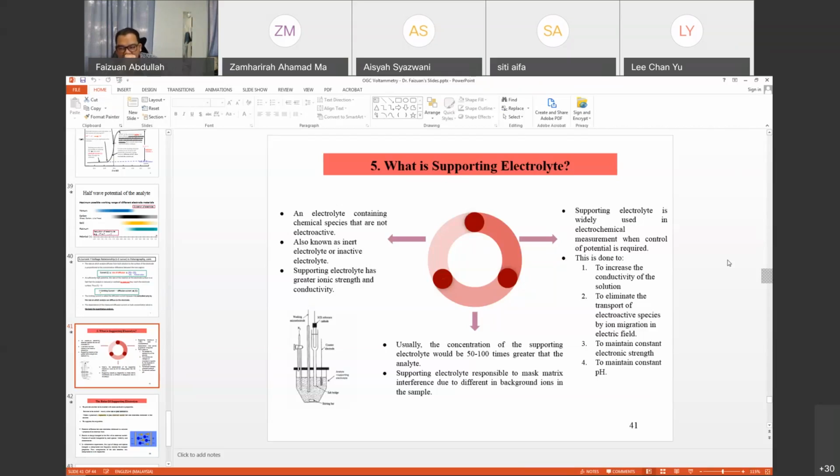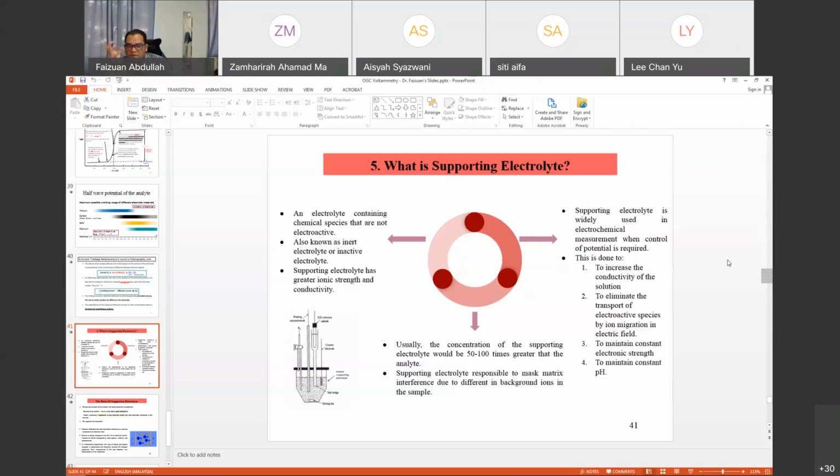Conductivity increase, okay, eliminate the transport of electroactive species by ion migration in the electric field, macam Lee Chan Yu cakap tadi kan. And maintain the constant ionic strength. Okay. Dia increase conductivity sebenarnya. Okay. Saya punya jawapan salah dah.